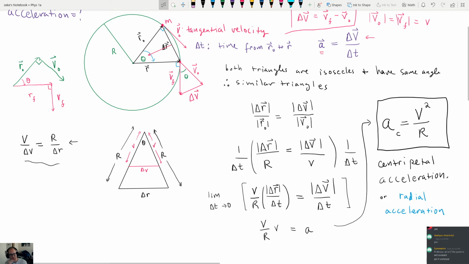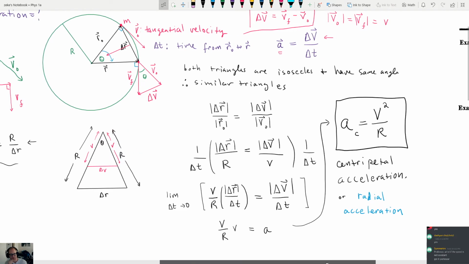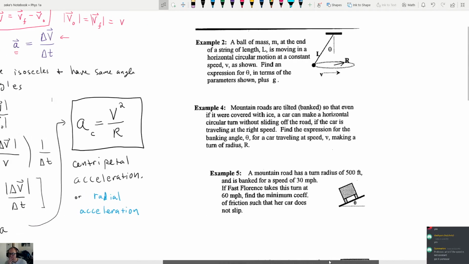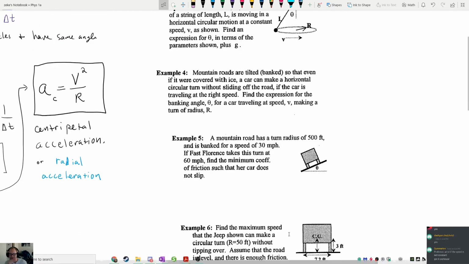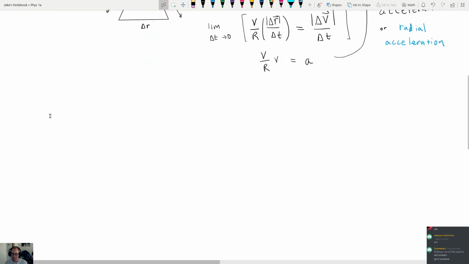I'm trying to decide if it's too soon to do this example, but I think it's okay. I think the easiest example problem we could do would probably be this one to start with, and then we'll go from there.